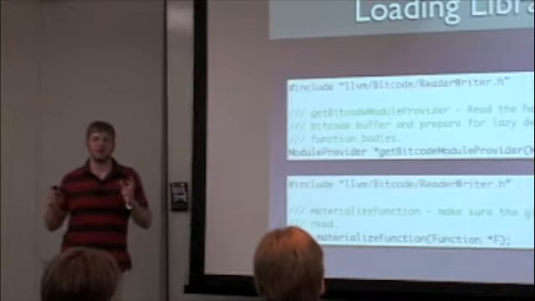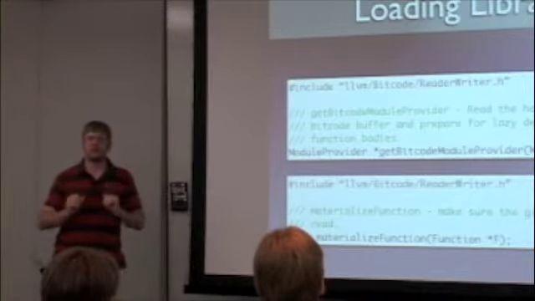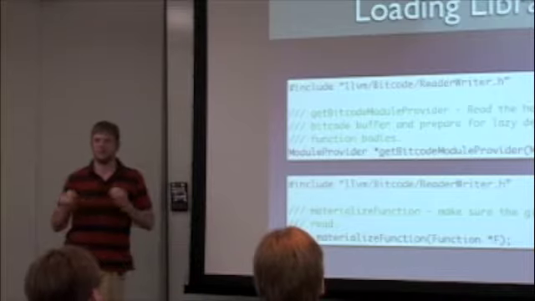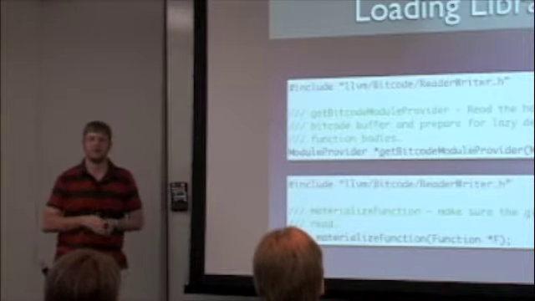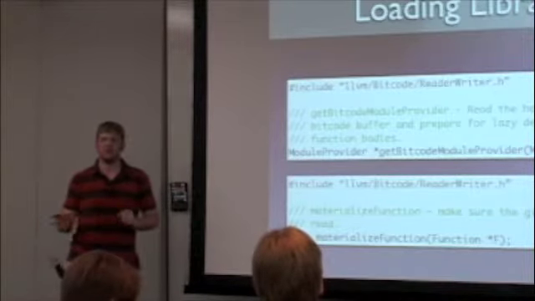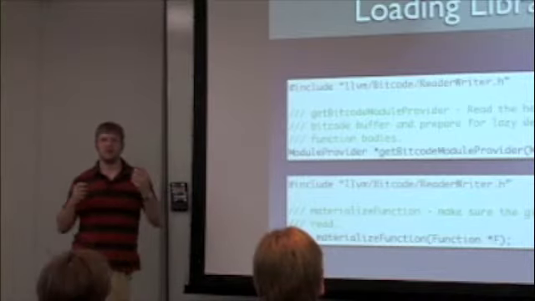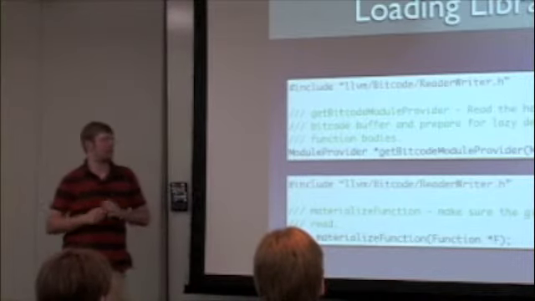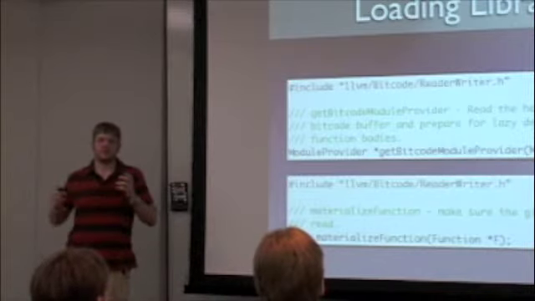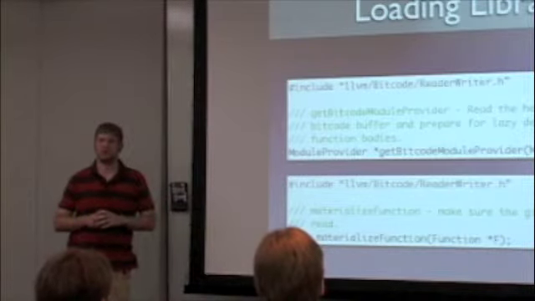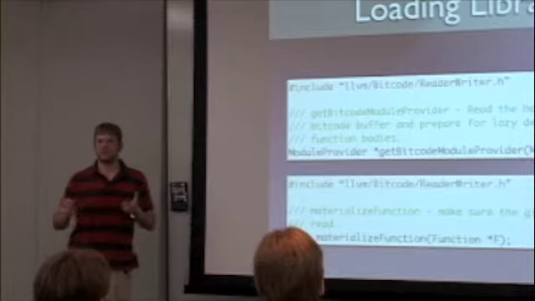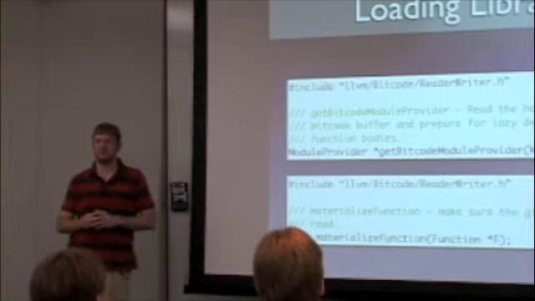The only thing we've done is go onto disk, look at that bitcode file, and read out the table of contents, but we haven't actually turned any of the functions in that module into in-memory IR. This is important because you probably don't want all 14,000 functions in libc instantiated. You're probably only going to use like 2.